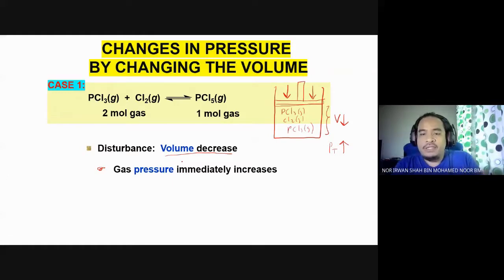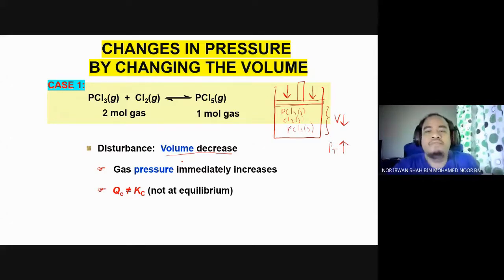So when this happens, of course, the system will no longer be at equilibrium. I know some of you might be wondering why the system is not at equilibrium. Class, if you look at Kp for this reaction, remember Kp for this system equals the partial pressure of PCl5 divided by the partial pressure of PCl3 times the partial pressure of chlorine.